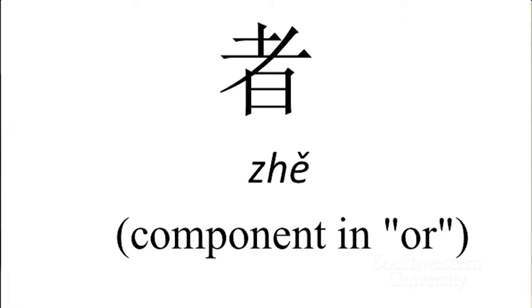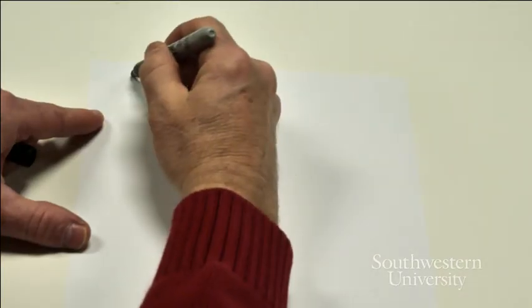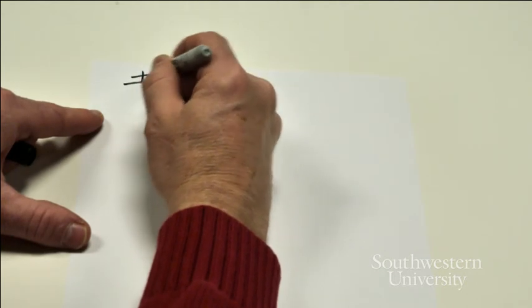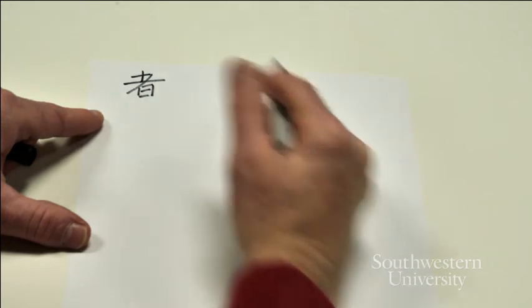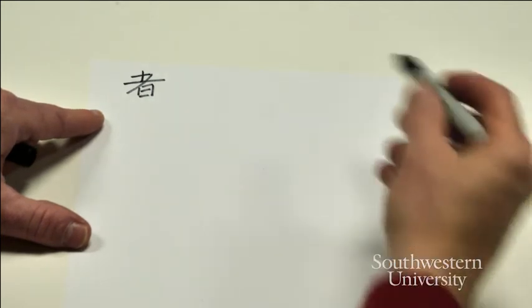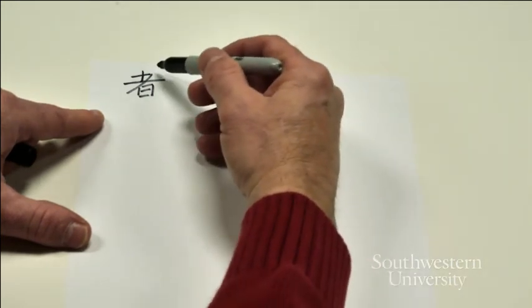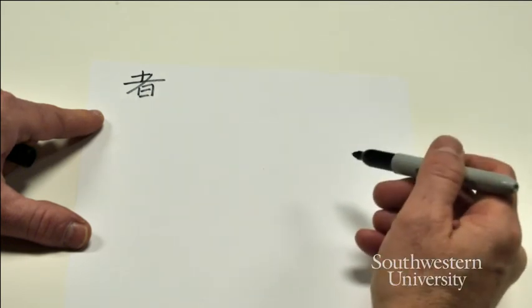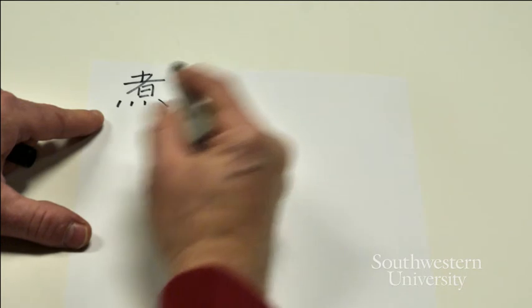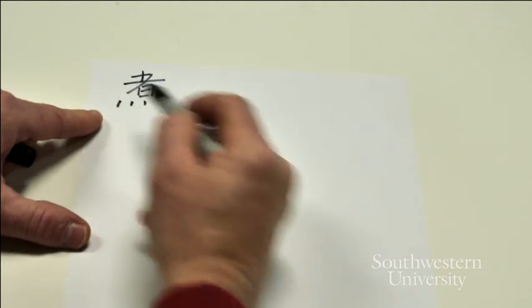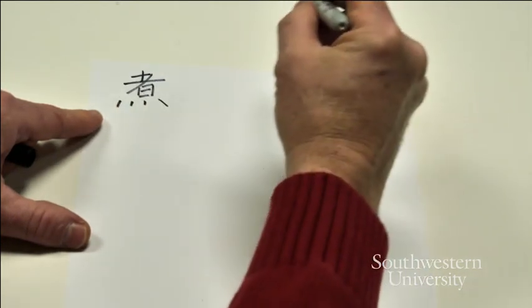This next character is a phonetic borrowing, zhe. In this case, I think it is just borrowed to add the second syllable in huozhe. Originally, it's thought to depict hands putting something into a pot. So the modern character today, zhu, with fire under the pot, that means to cook or to boil something.